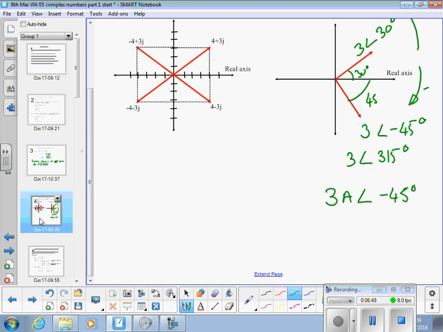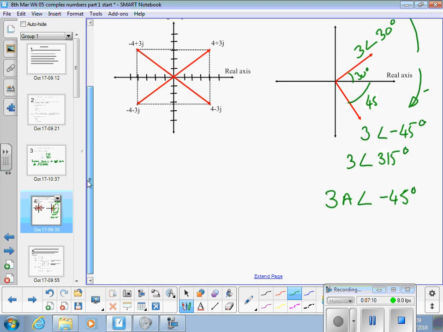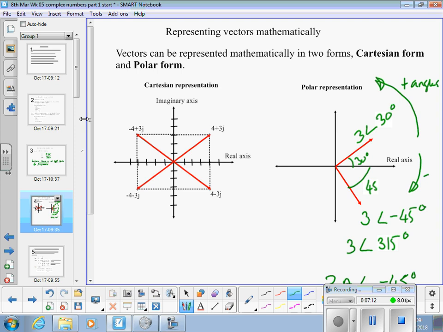Over here, we've represented on this scale what the mathematicians have done.